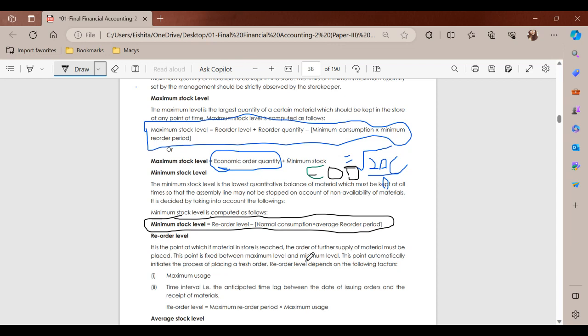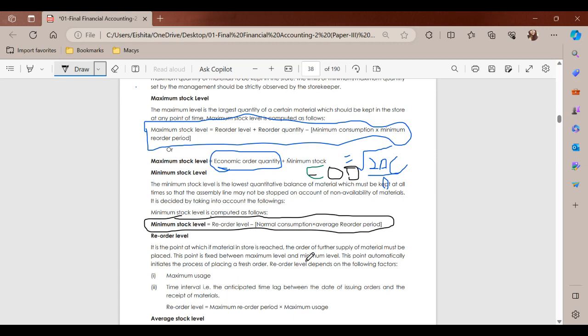So यदि आपके पास, if you have 2 days supply and the supplier will take minimum 2 days to reach the material to you, so you should reorder. But one day you should keep in buffer. It means that you should have 3 days stock with you. Okay. So the point is fixed between the maximum level and the minimum level. This point initiates the process of placing a fresh order.